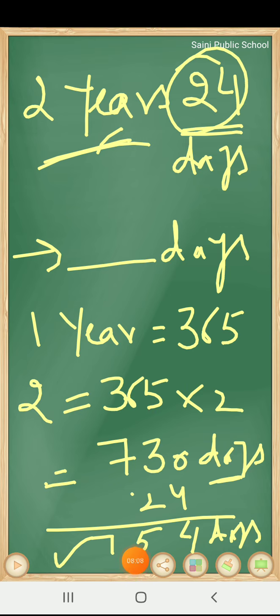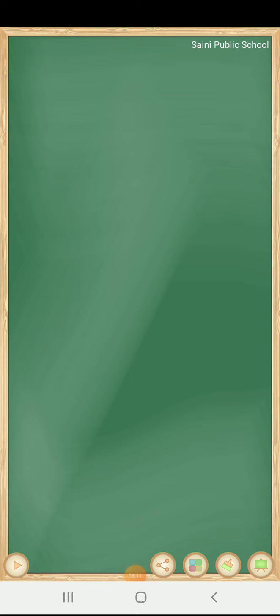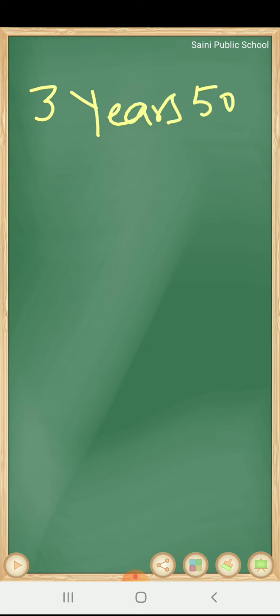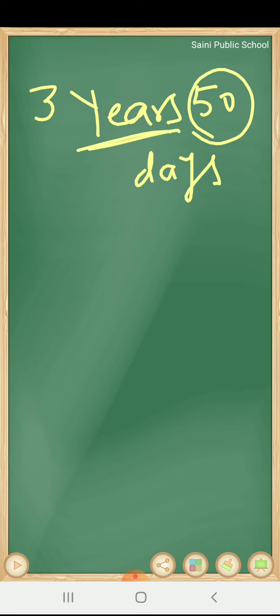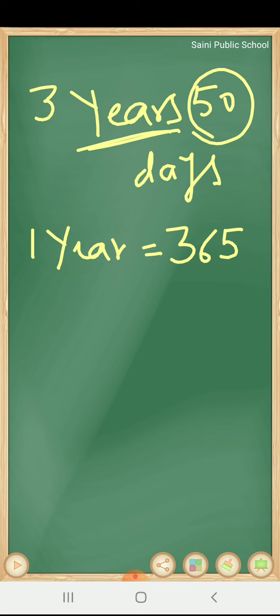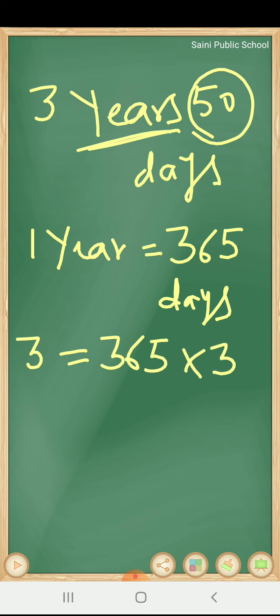Let us discuss one more example. Suppose the question is given to us: conversion of 3 years and 50 days into days. In the same way we will convert years into days and then we will add the given days to that number. So let us start. 1 year is equal to 365 days. So in 3 years how many days? 365 into 3.